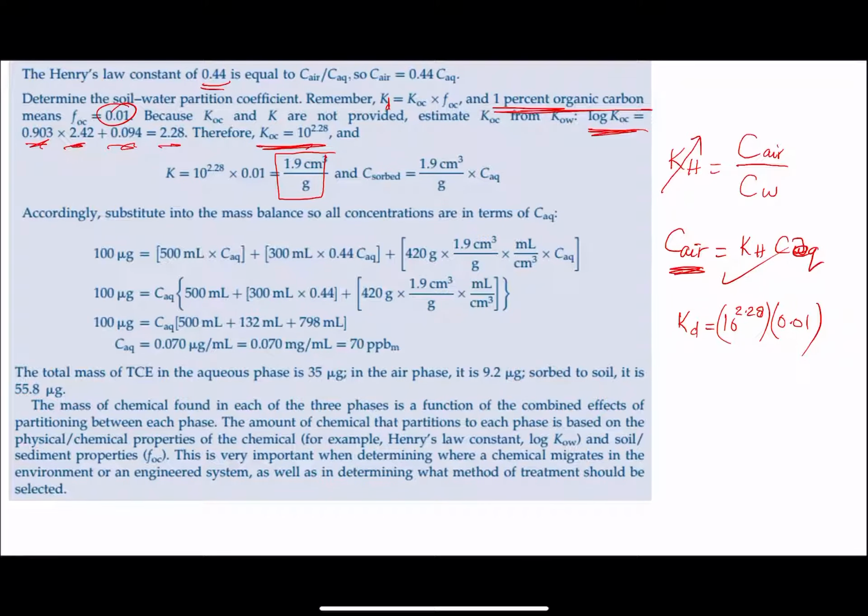And remember the KD? The KD is equal to the concentration of the organic in the solid phase over the concentration of the organic in water. Let's call it aqueous here.